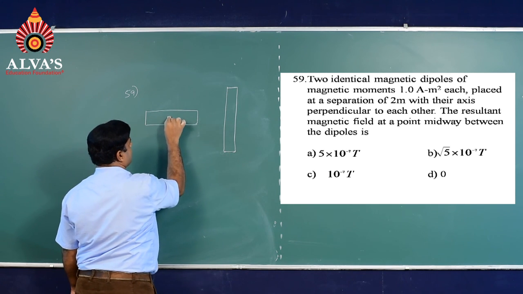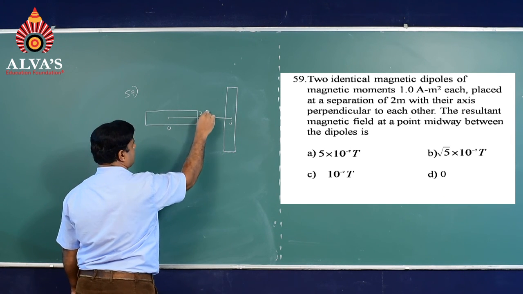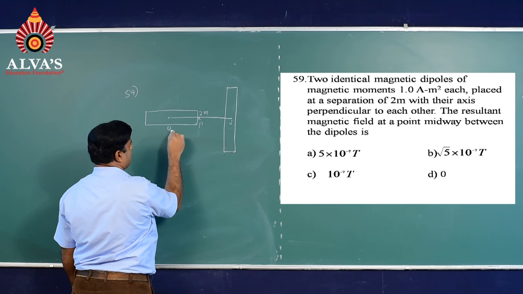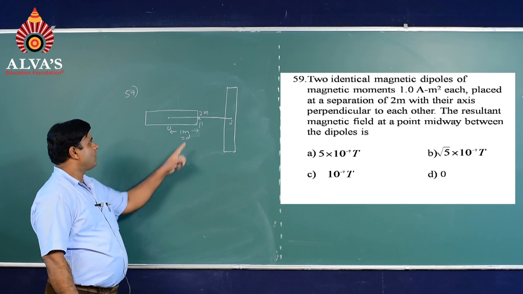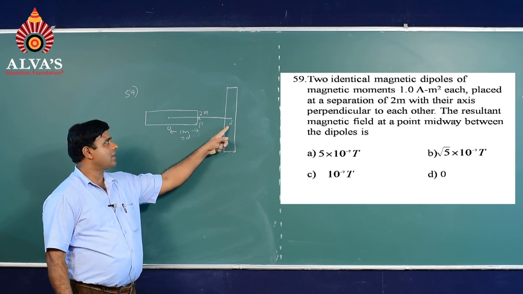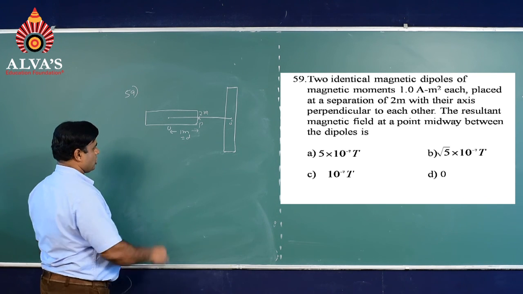The distance between their centers is given, which is nothing but 2 meter. You have to find the field at a distance 1 meter from each, midway between the two. For one it is the axial point, another it is the equatorial point.